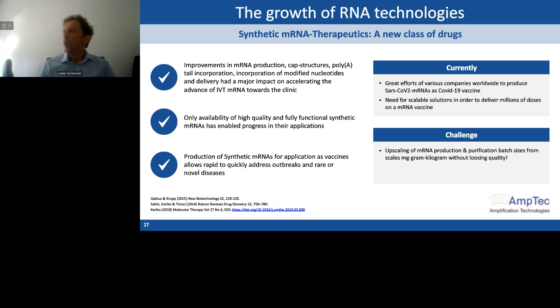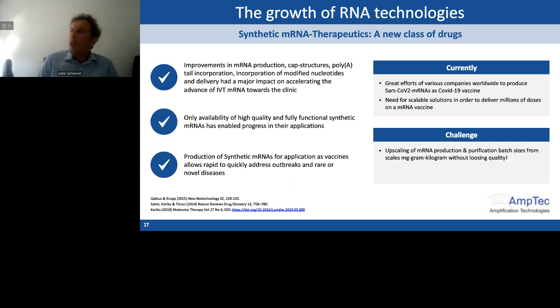Also, incorporation of modified nucleotides was a very important improvement, because this makes mRNA amenable to introduction into cells without inducing an immune response against the mRNA itself. And this was a major impact for accelerating the advance of IVT mRNAs towards the clinic.